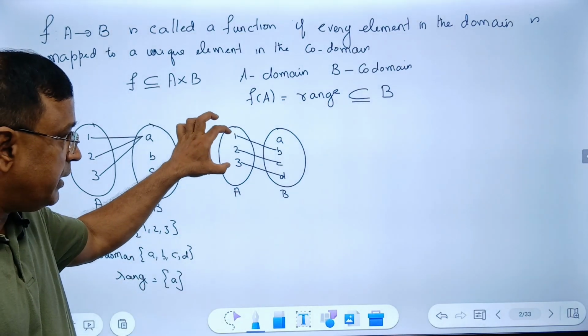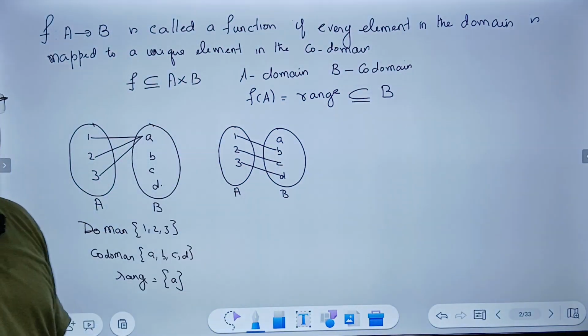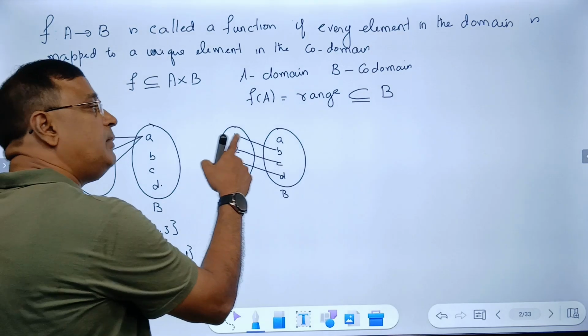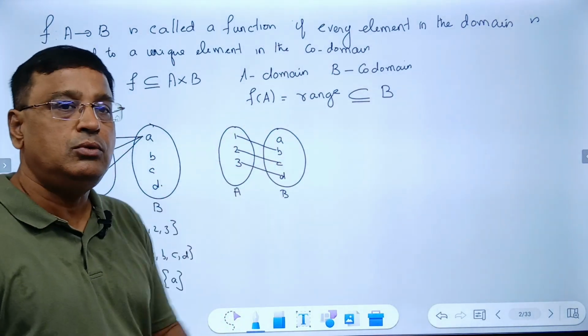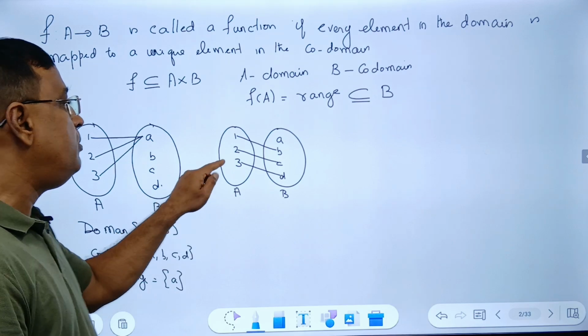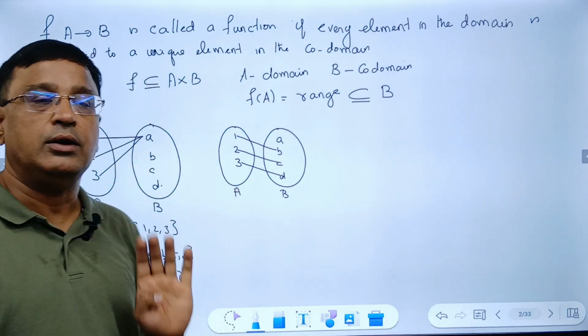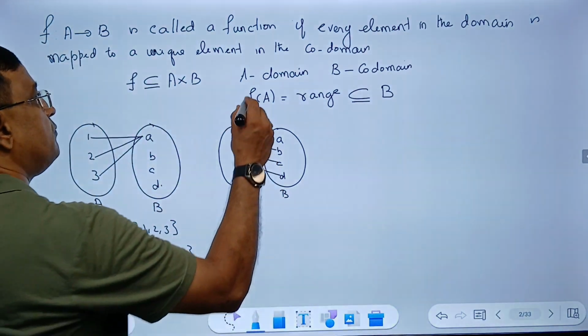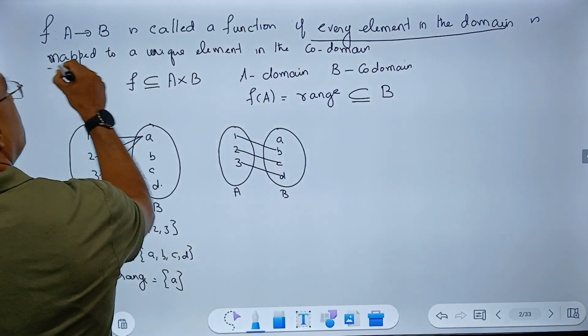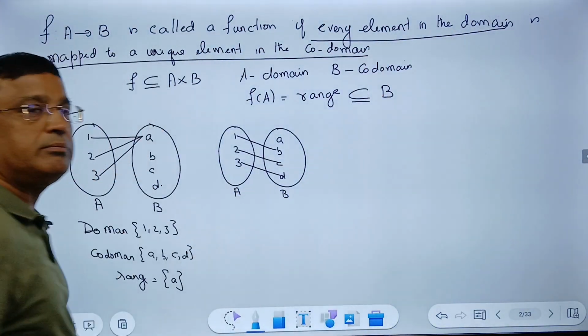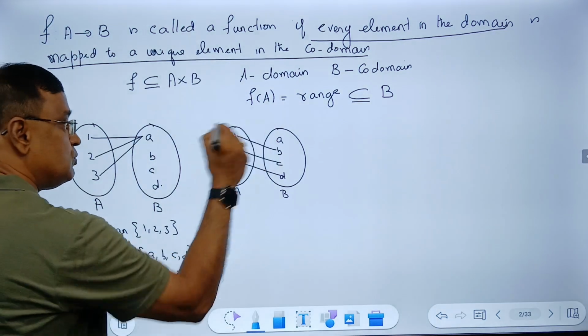To how many elements does 1 map? Only one element. To how many elements does 2 map? Only one element. To how many elements does 3 map? Only one. So it satisfies the definition of a function, that every element in the domain is mapped to a unique element in the codomain. Therefore, this is also a function.